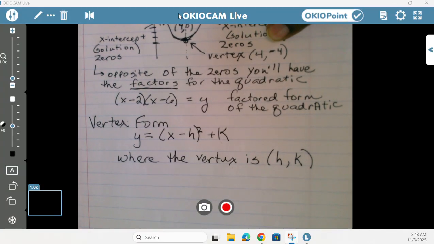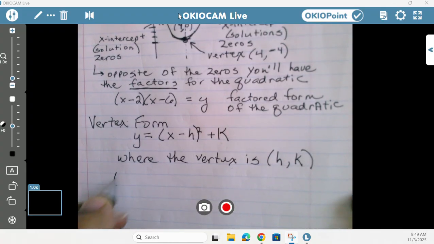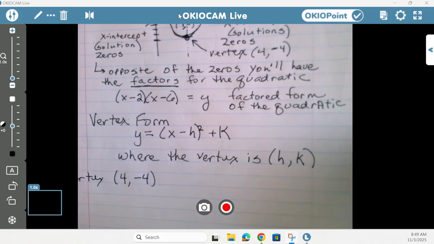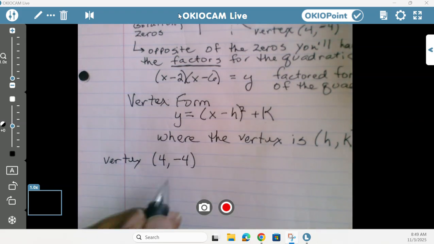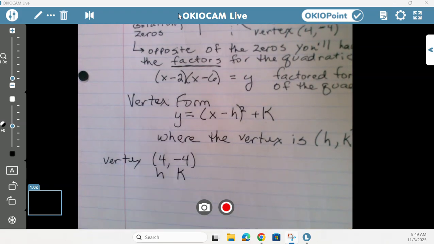So if our vertex is at 4, -4, then this is h and this is k.